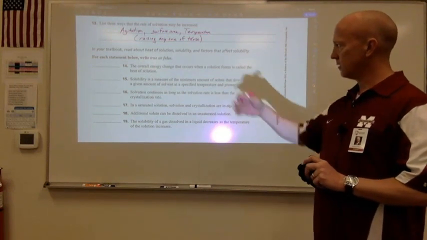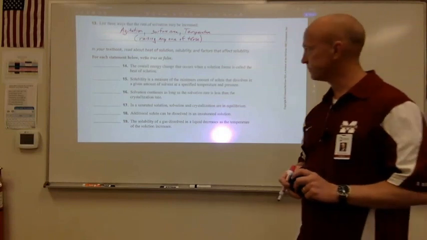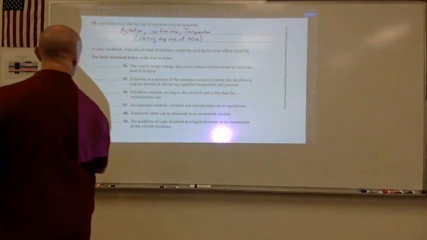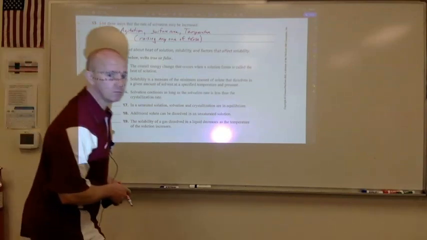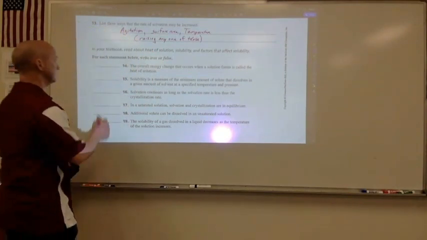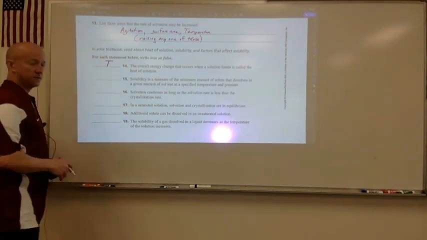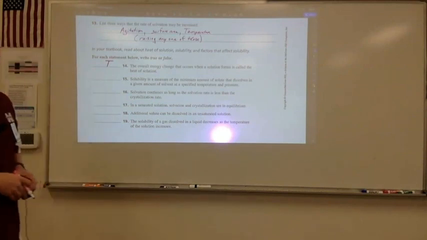Okay. Do a little true or false here. True or false? The overall energy change that occurs when a solution forms is called the heat of solution. That's true. All right. True or false?